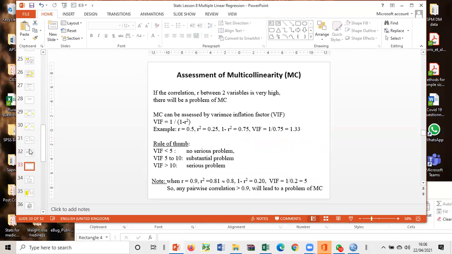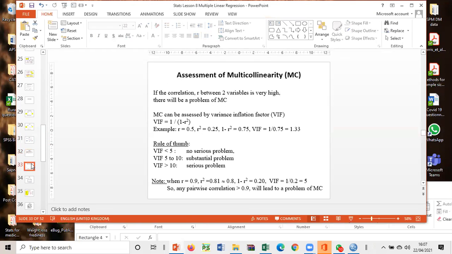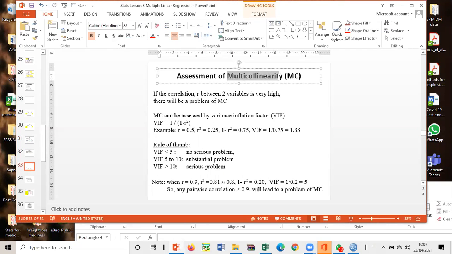Right, multicollinearity. If this assumption fails, then we say we have a problem of multicollinearity. Multi means what? Many, more than one. Co means what? Together, right?